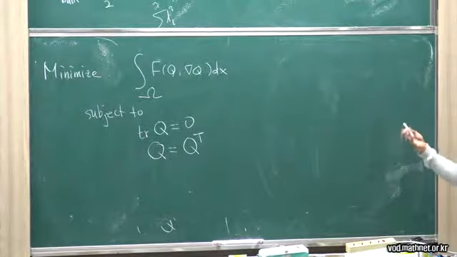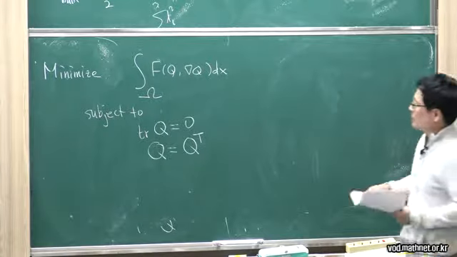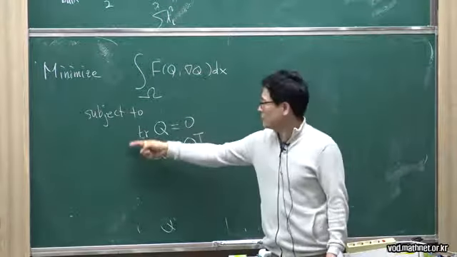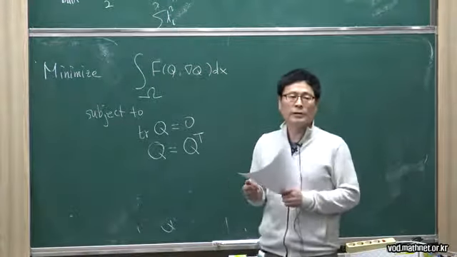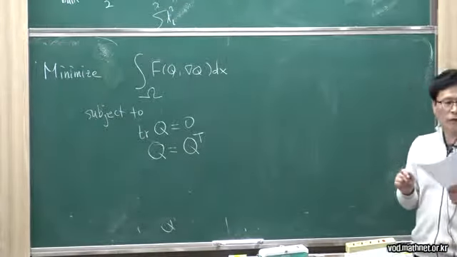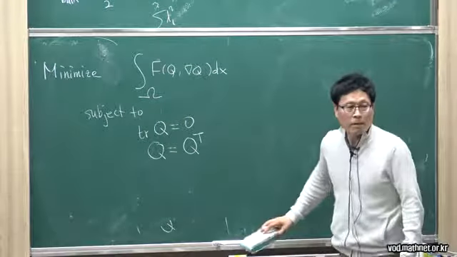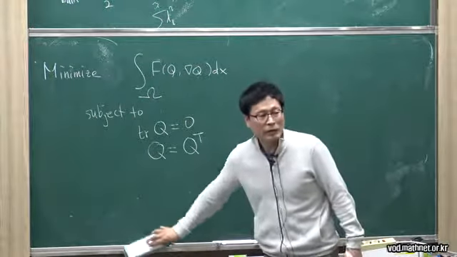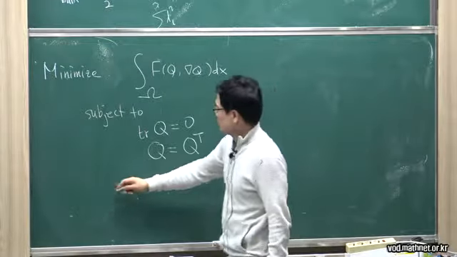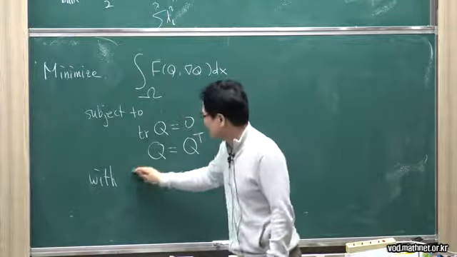We have some constraint like this one. Whenever we minimize certain energy with certain conditions, it brings Lagrange multipliers, so computing the Lagrange multipliers is more difficult work. Also, we have some boundary conditions.